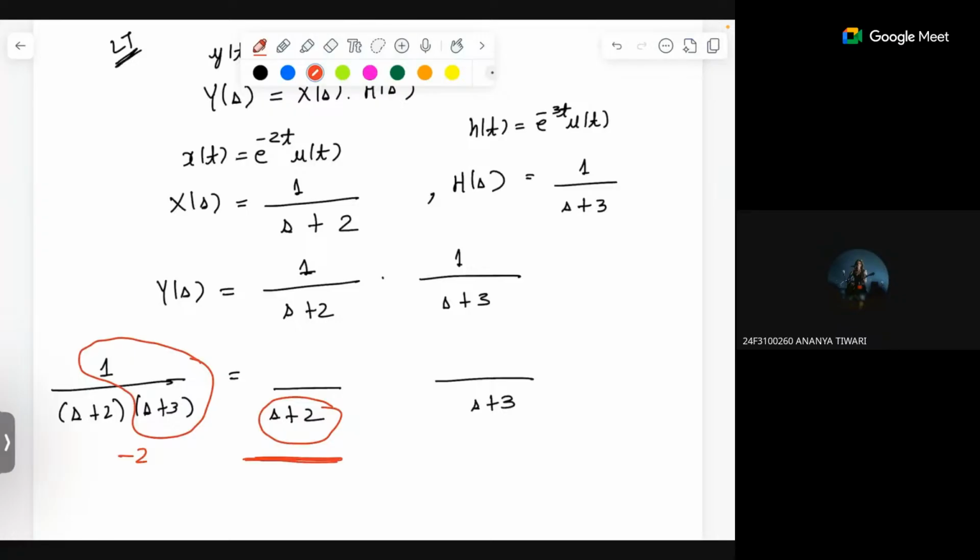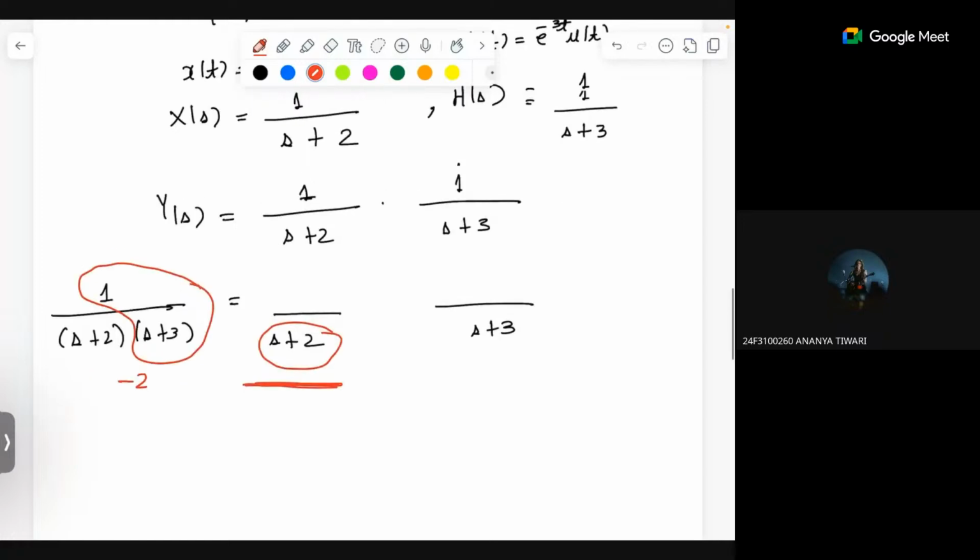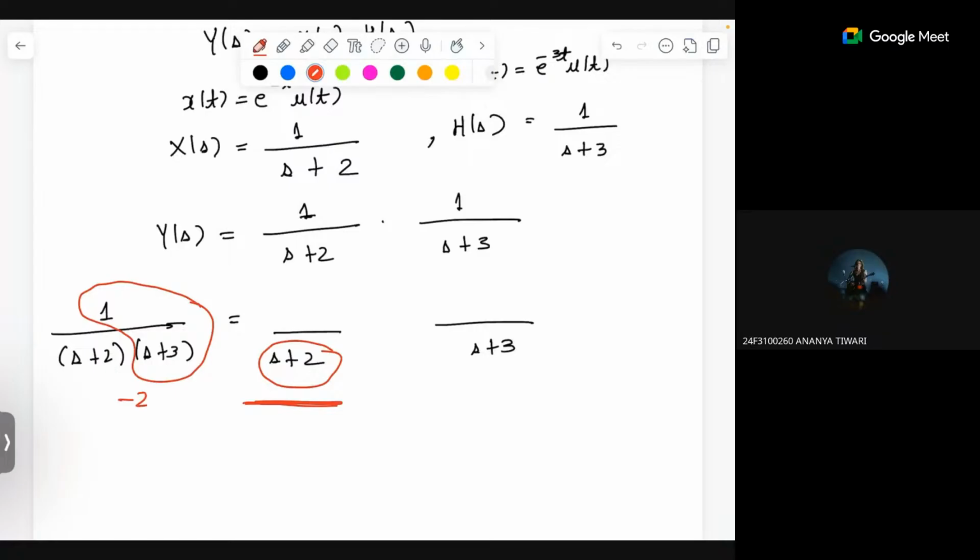Are you able to follow what I am saying? Yes, ma'am. Okay, so we are finding the partial fraction numerator for s plus 2. So I will put s is equal to minus 2 in this remaining part. It will be 1 upon 3 minus 2, which is 1, right? Yes, ma'am. So I have this numerator here as 1.